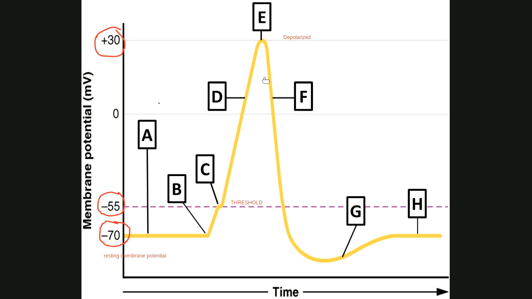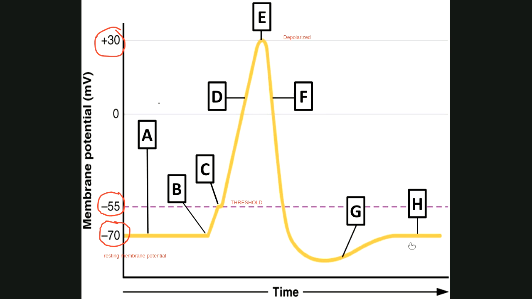It doesn't have its normal resting membrane potential. So once I get depolarized, when my charge is completely wrong, I'm going to freak out and go back down to normal. I freak out so well that I go extra normal, I go extra negative, but I'm going to end up back at resting membrane potential.